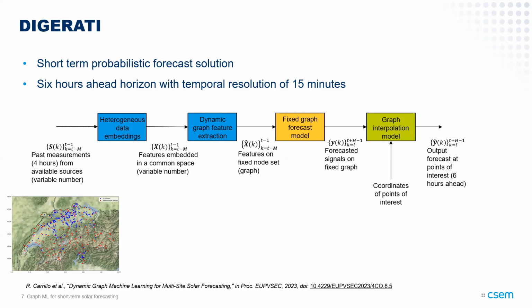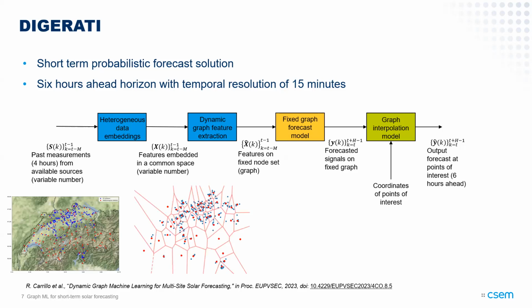And now, based on these dynamic features, these nodes are changing or could be changing at every time, because we can have appearing or disappearing nodes or data. So in order to make it more robust, we do this dynamic feature extraction. Nothing really fancy, it's just a clustering on the space.